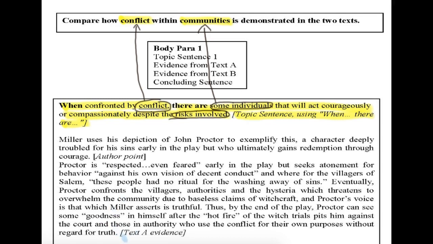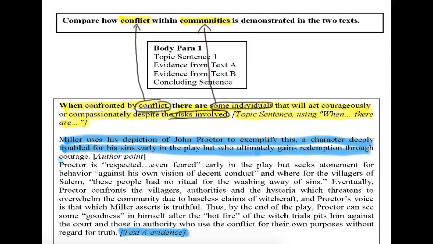Okay, so we come down to this paragraph, which is the evidence. The first thing we do is we make the author point, and we just highlight this in a different color to make it obvious. Miller uses his depiction of John Proctor to exemplify this. Exemplify what? Exemplify that there are some individuals that will act courageously or compassionately despite the risks involved.